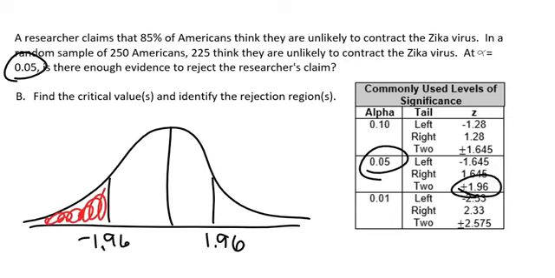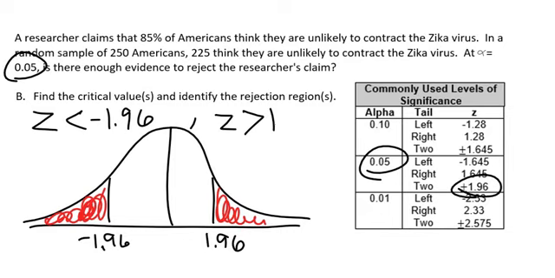The area to the left of negative 1.96 and to the right of positive 1.96 is going to be our rejection region. So to state our rejection region, we would say that our test statistic Z has to be less than negative 1.96, or greater than positive 1.96.